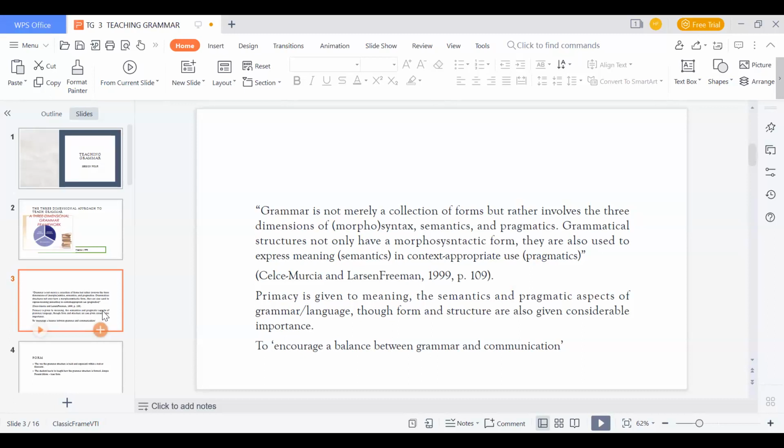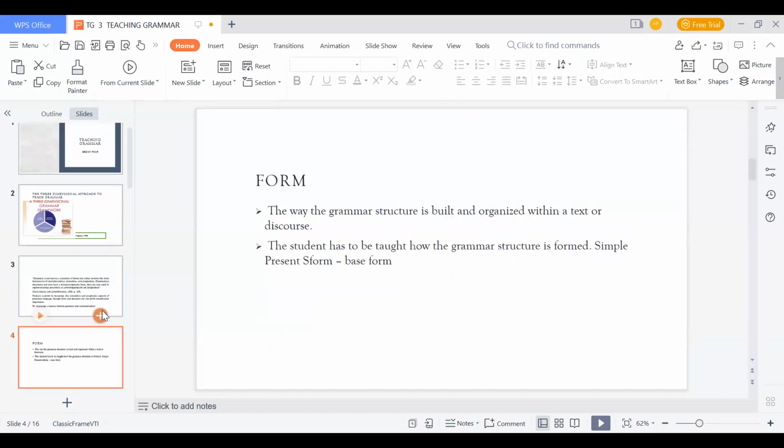So they should know it's not just is, am, are, ing form rule. Primacy is given to meaning, the semantics and pragmatics aspects of grammar, though form and structure are also given considerable importance to encourage a balance between grammar and communication. Then only can they use it in communication, if you know the use and meaning.